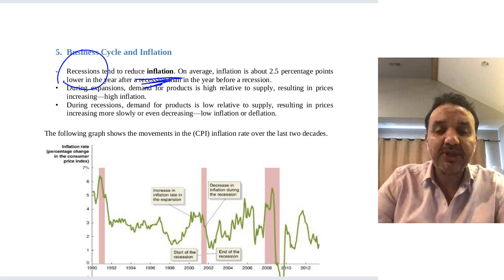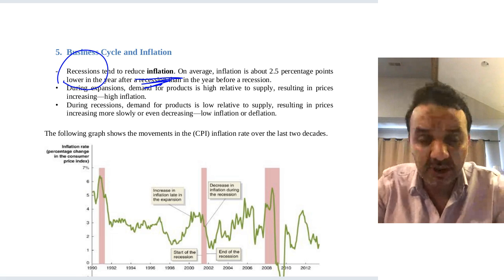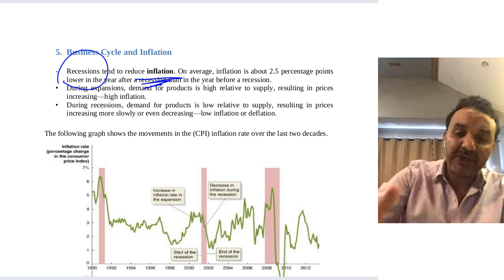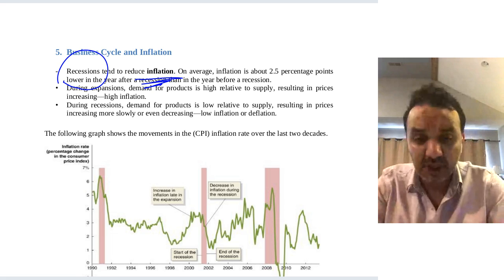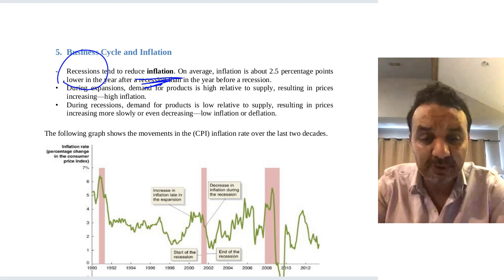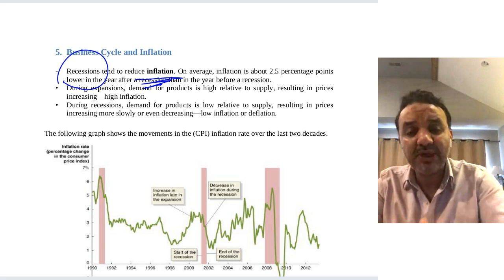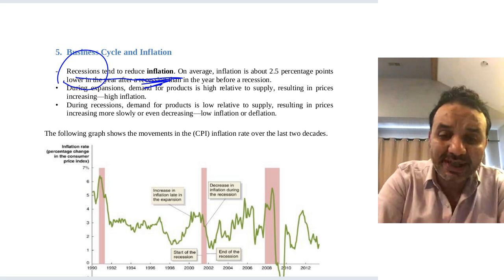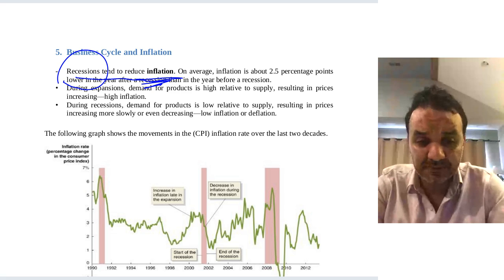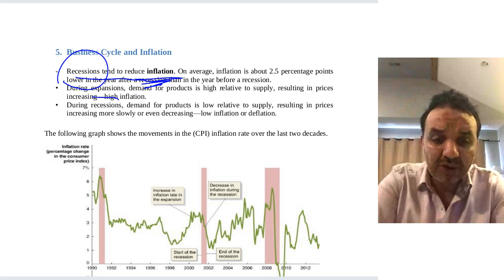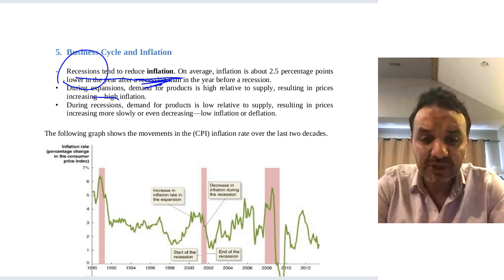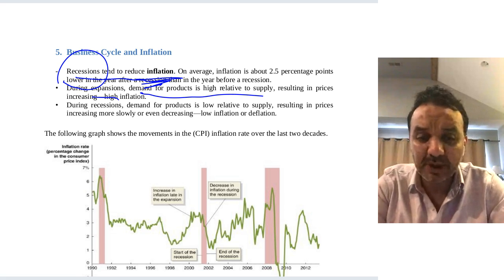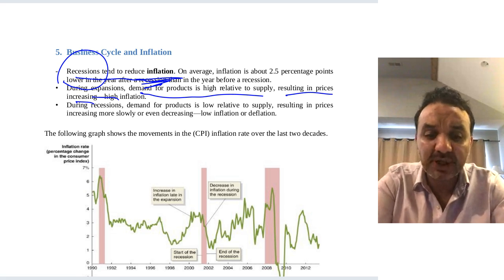This means less demand for goods and services, which consequently leads prices of goods and services to go down. So the lower demand because of recession will reduce inflation. That's why I'm saying recessions tend to reduce inflation. What about expansion, which is the opposite of recession? During expansion, demand for products is high relative to supply, resulting in price increases.